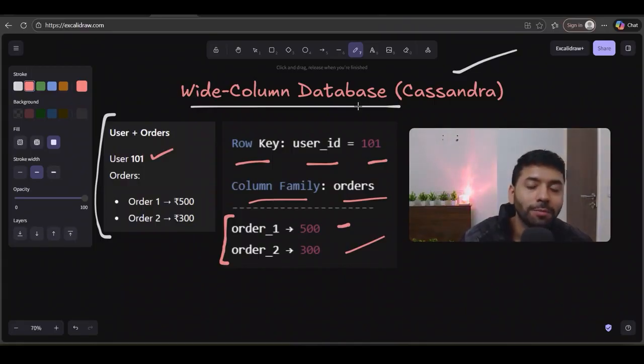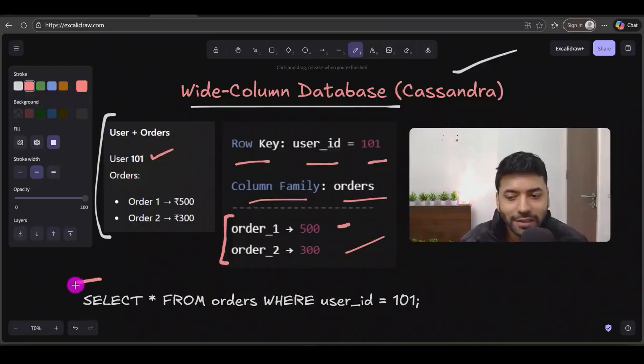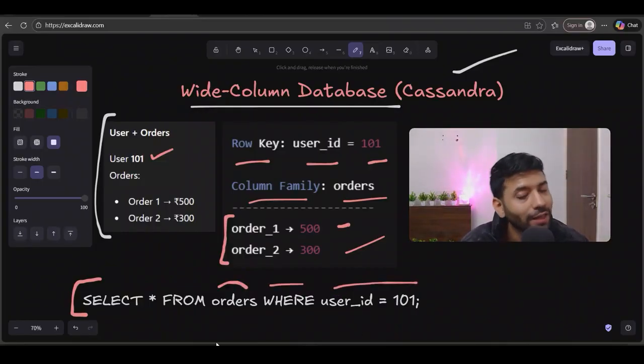So in wide column database, you have dynamic columns, and you can have thousands or millions of columns, right? And this is how you can read the data in the wide column database: select star from orders where user ID equal to 101. So basically you should know the row key and the partition.